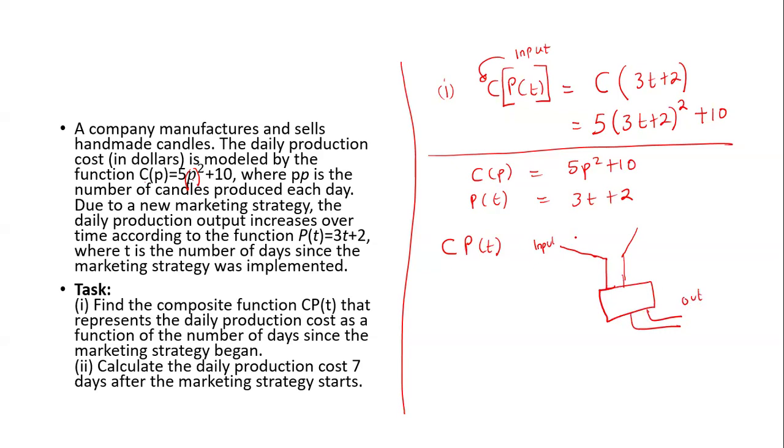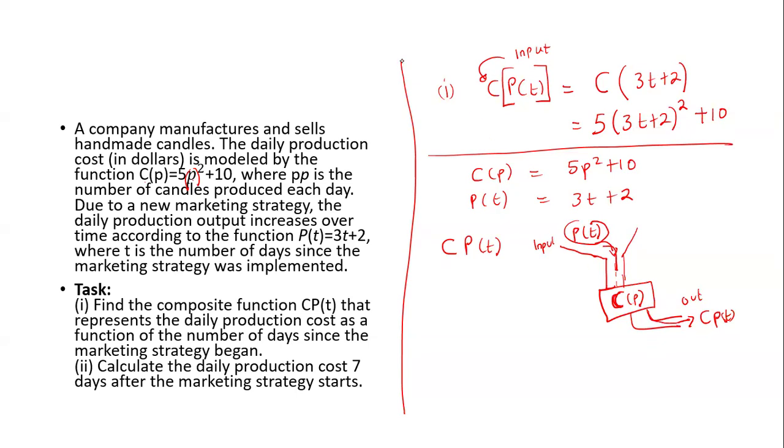Now, the input for this function is your P of T, but this P of T is going to be feeding C of P. So you get your P and then you put it into C. Then at the end, what you get is your output, which will be C(P(T)). So we are going to get P of T and put it into C of P. Then the answer we get is going to be our composite function.